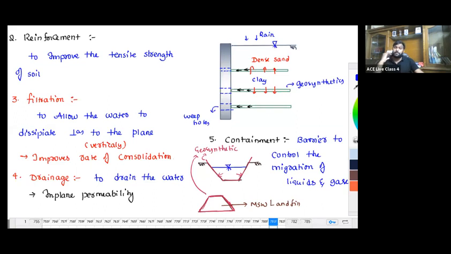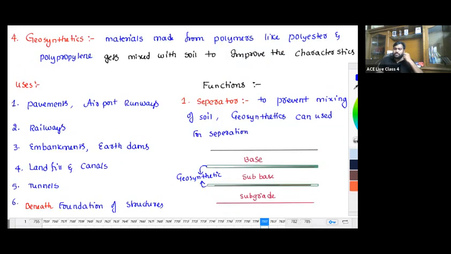Once it decomposes, it gives a foul smell and releases methane gas. When that methane gas releases into the atmosphere, you know how it smells. So if I provide the containment, meaning the geosynthetic, it will not allow the gases to migrate outside. So these are the various functions of the geosynthetics.